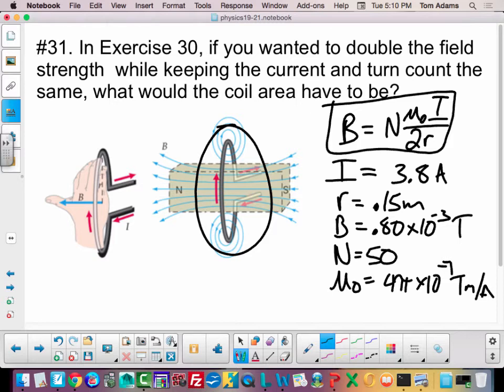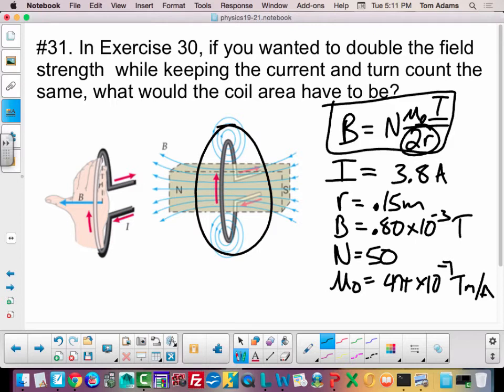So when we talk about the coil area, we have to make an adjustment, because we've got to think about another way that you can write this equation. What they're saying is, while keeping the current, I cannot change I, right?